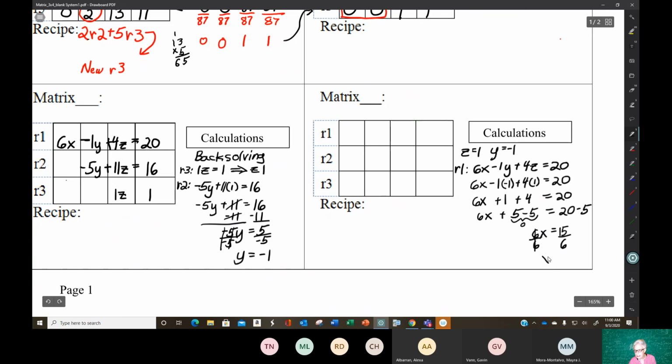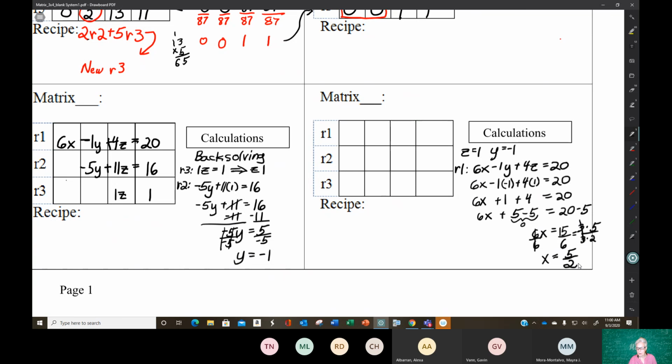So x is going to equal 15 over 6, but 15 is 3 times 5, and 6 is 3 times 2, so the 3's will cancel, so my answer is 5 over 2. And now I'm remembering that I actually had the chance to see these answers, and yes, that is what x is.